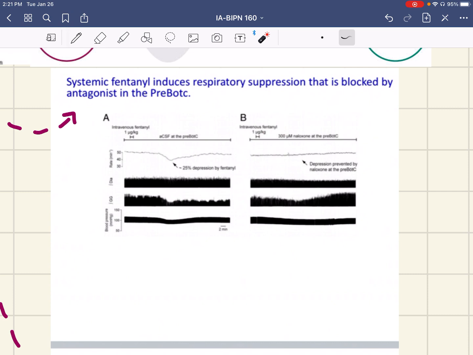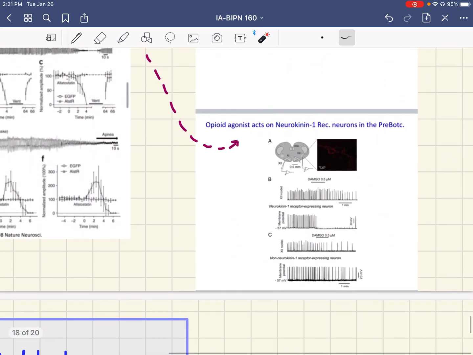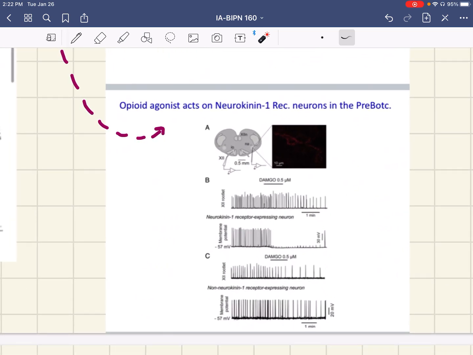Okay, and then the last study that we talked about, or part or research experiment, was how it was found that opioids are actually binding to different neurons in the pre-Botzinger complex. And they tried to figure out which neurons the opioid or the opioid agonist, which is a type of molecule that structurally is similar to opioid, bind in the pre-Botzinger complex.